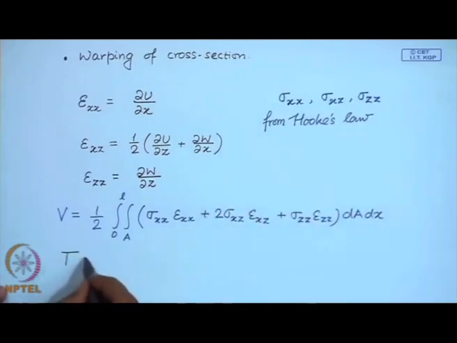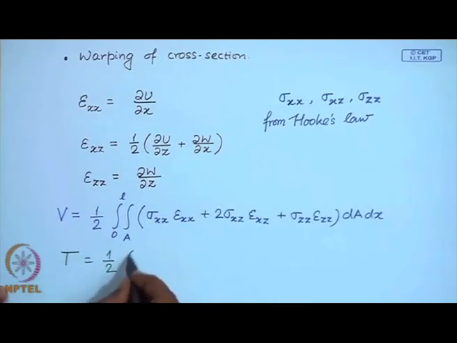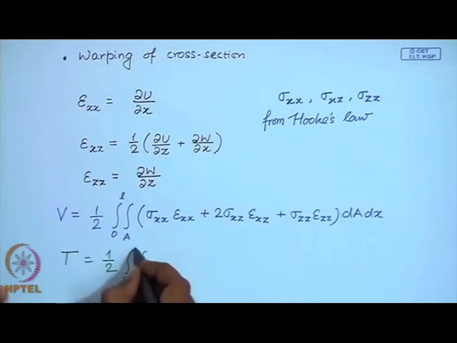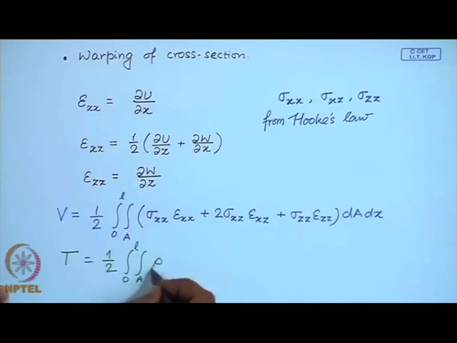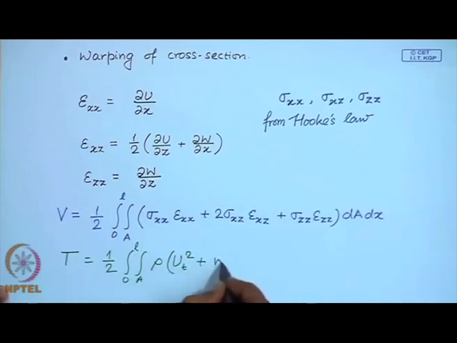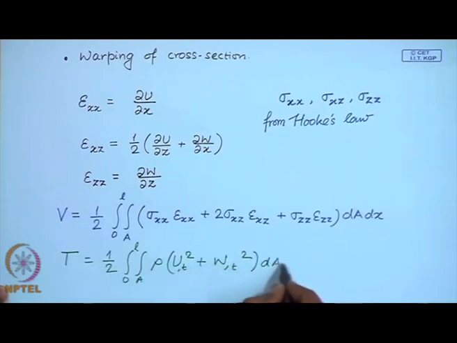Similarly, kinetic energy can be written as 1/2. Now, once you have these expressions, then you follow the variational principle to derive the equation of motion.